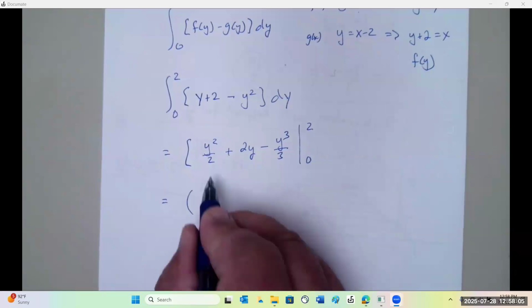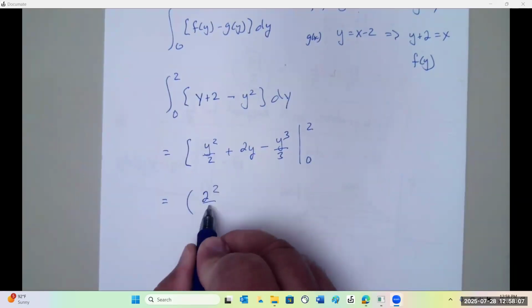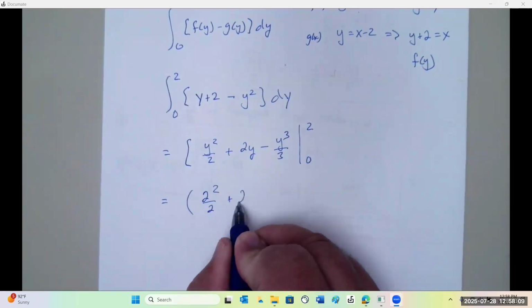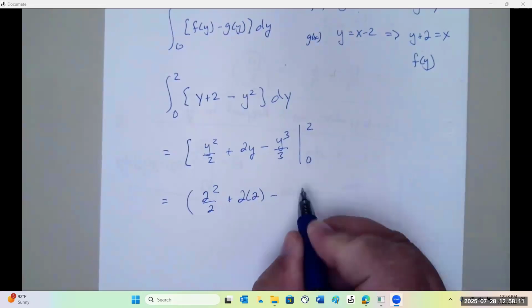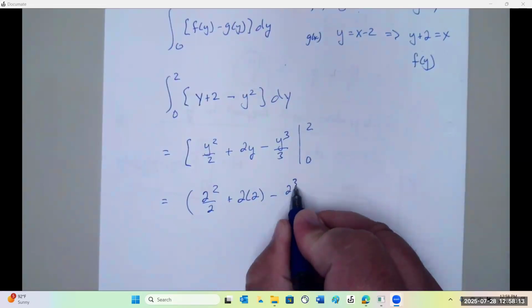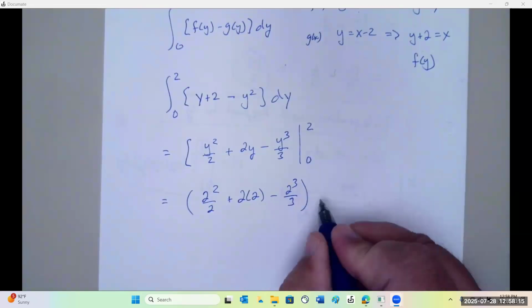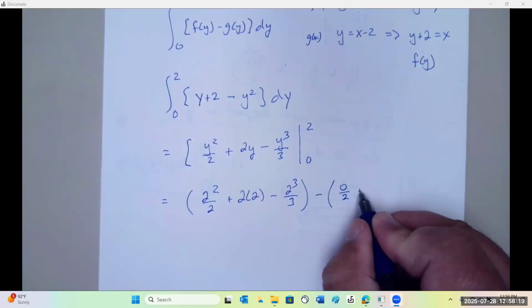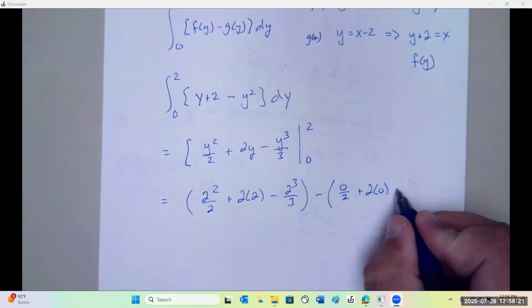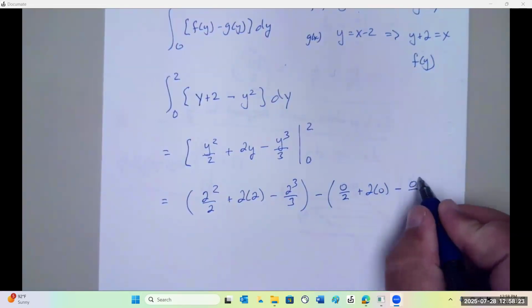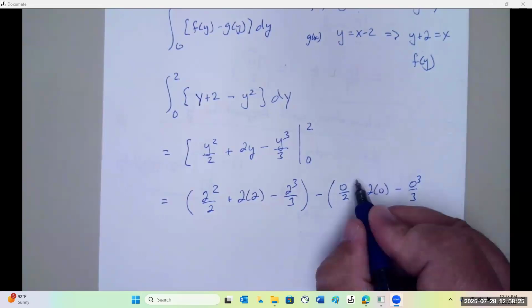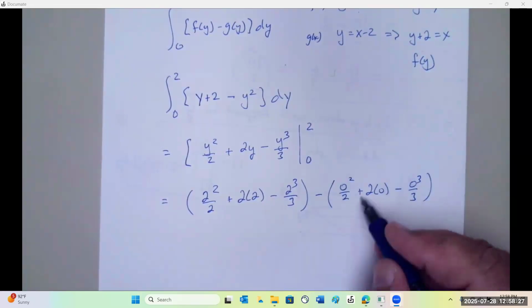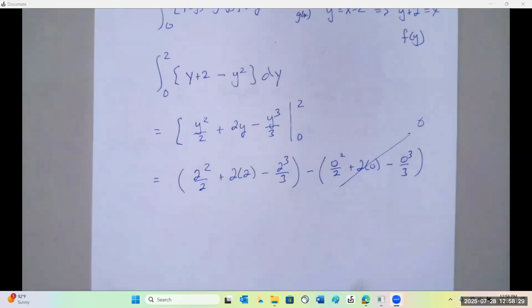So in the first one, we have 2 squared over 2 plus 2 times 2, minus 2 cubed over 3, minus 0 over 2, 2 times 0, 0 cubed over 3. All these are 0.